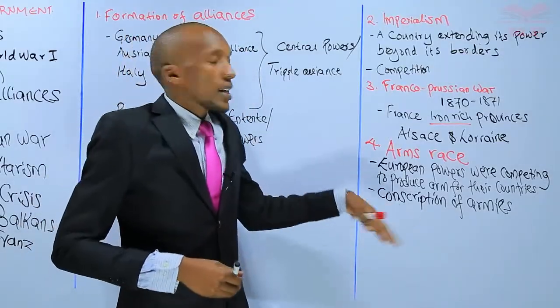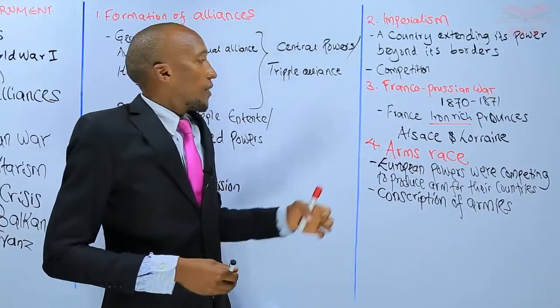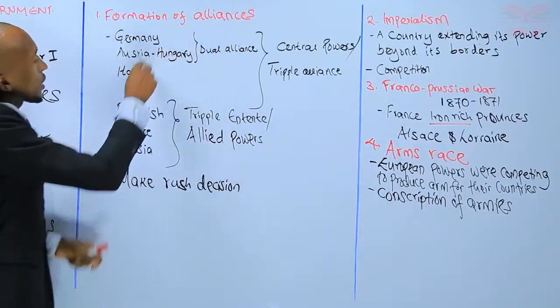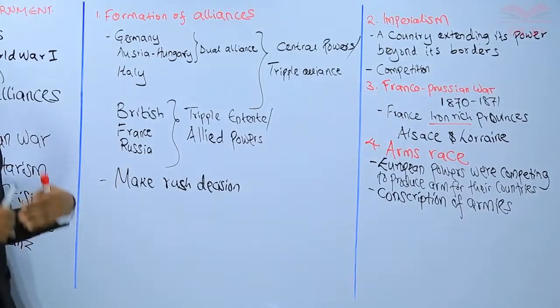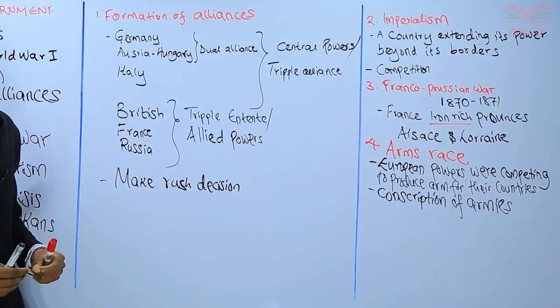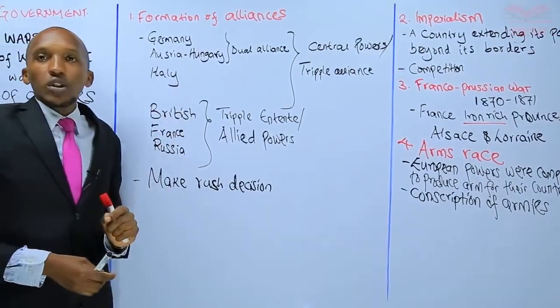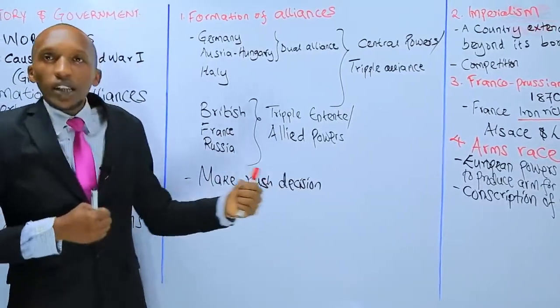So you would find that by the time 1914 was coming, every country that we have mentioned here, all these countries who are the biggest players in the First World War, had almost doubled the number of their army by the time the First World War was coming to a start. So they had to compete. They were competing against each other.